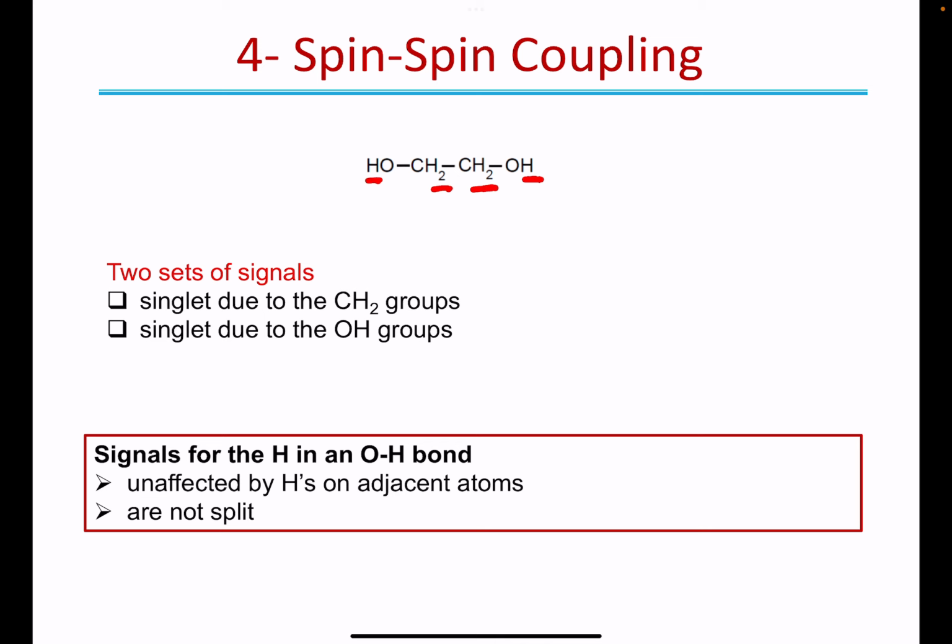But there will be no splitting because the proton on the oxygen will not split the protons on the carbon and vice versa. Also, the protons on the carbon will not split the signal that comes from the proton on the oxygen. So we will see only two signals, one due to the CH2 groups and one due to the OH groups.